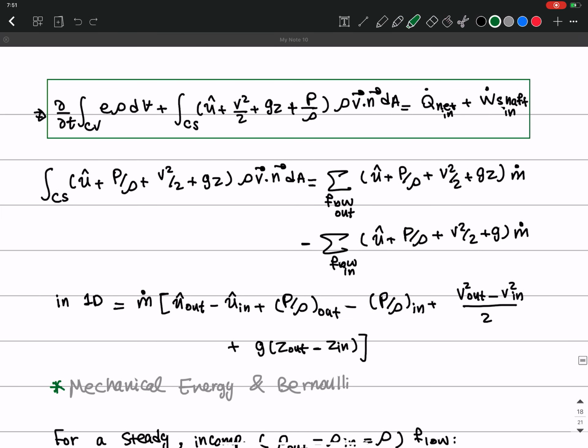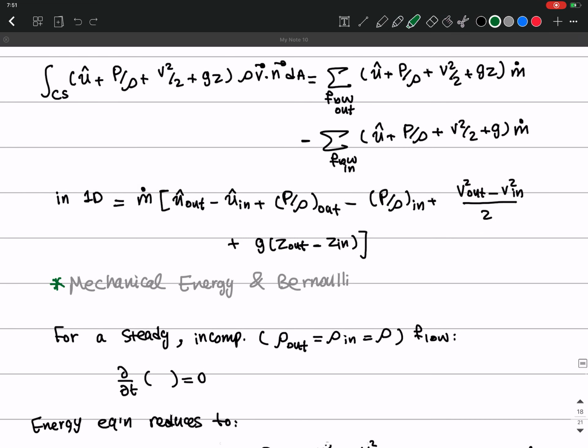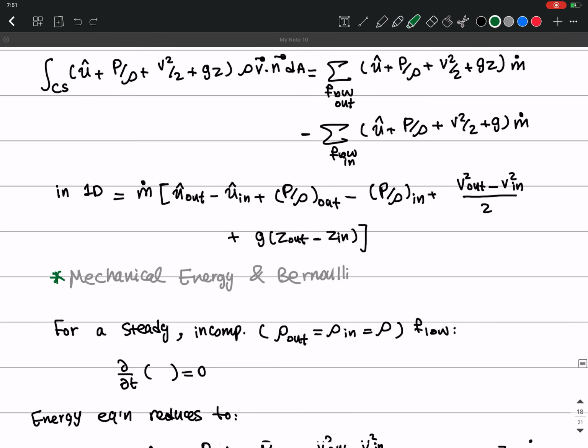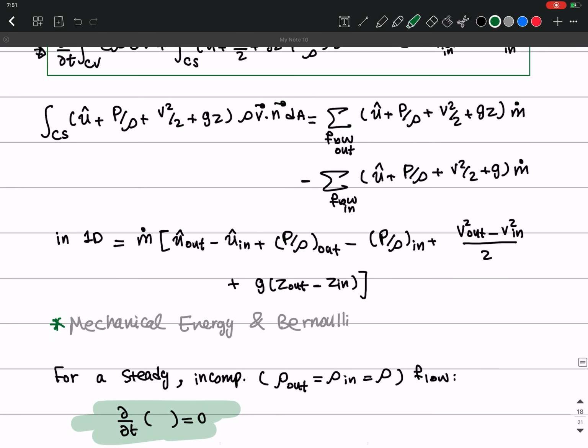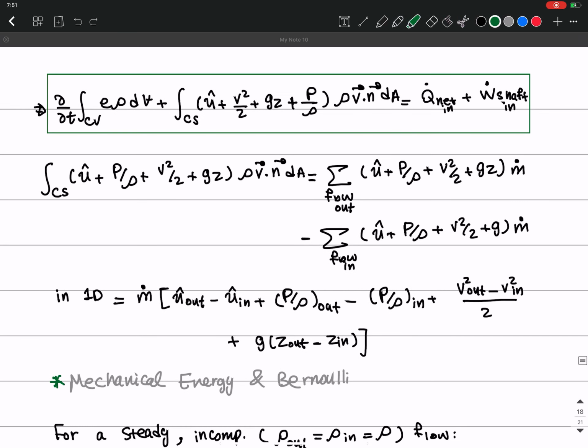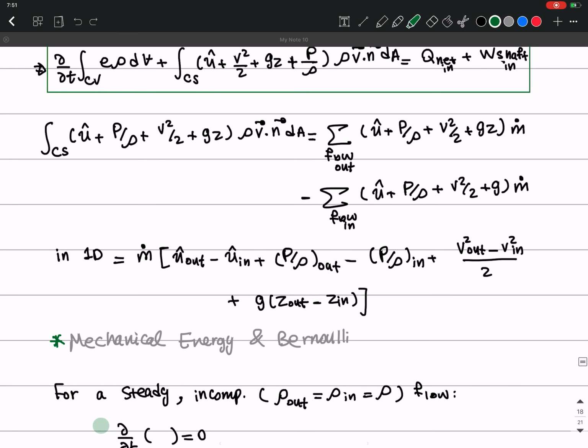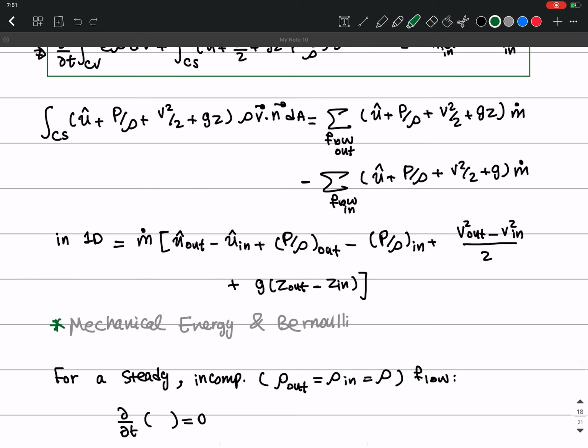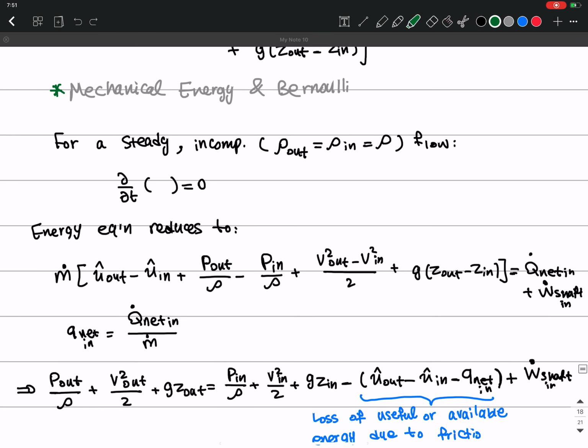Then for a one-dimensional flow, we can write this as m dot times this equation. For a steady flow, we can neglect the first term in this equation because it's not changing with time. And for a one-dimensional, incompressible flow, which means that rho is not changing, the energy equation reduces to this form.